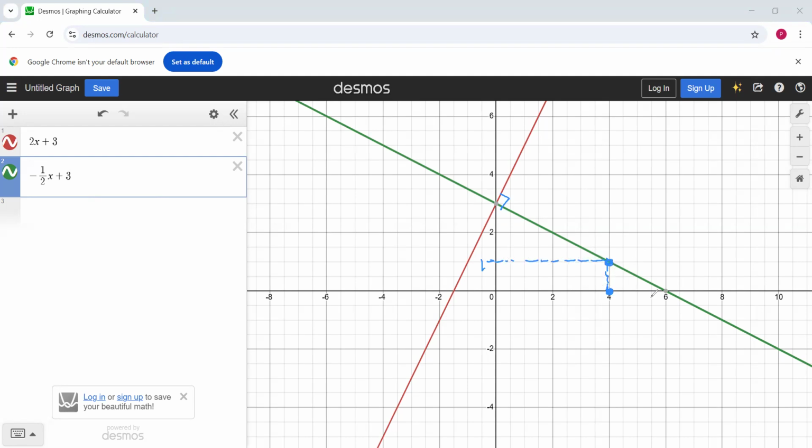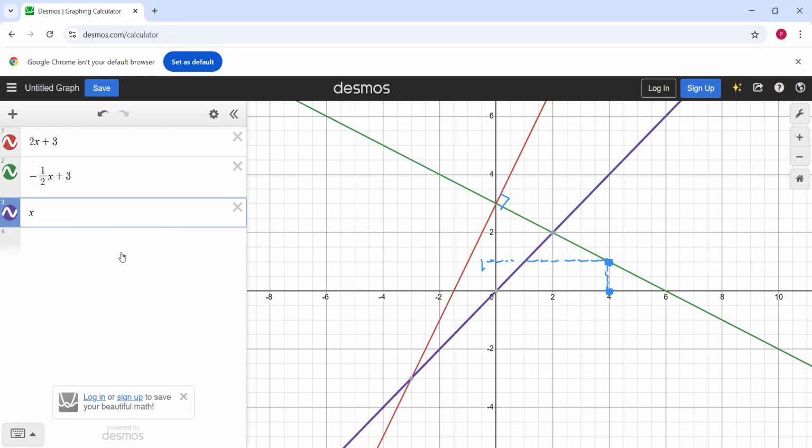Now let me do the third one, the standard form. Let's see if it's the same as this one. We had x plus 2y equals 6. You can see now the purple line is overshadowing the line that was there before, so they actually are the same thing.